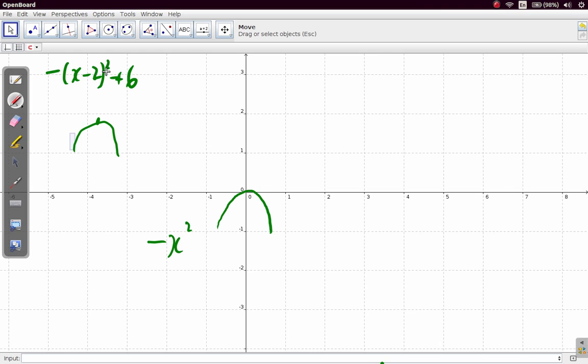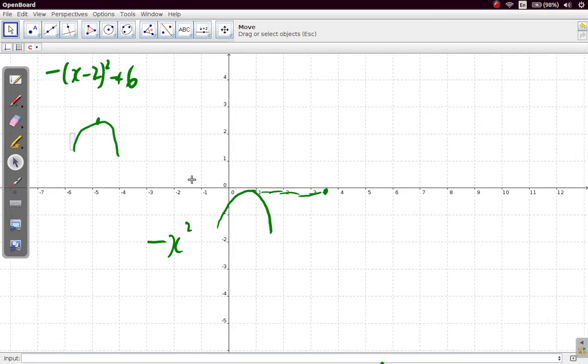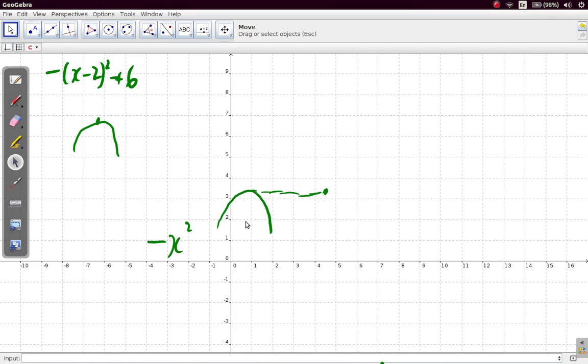The minus 2 means negative x squared is shifted 2 units to the right, so you should have a shift of 2 units here and 6 units up. I'm going to have to zoom out somewhat to see the 6 and pull this down.